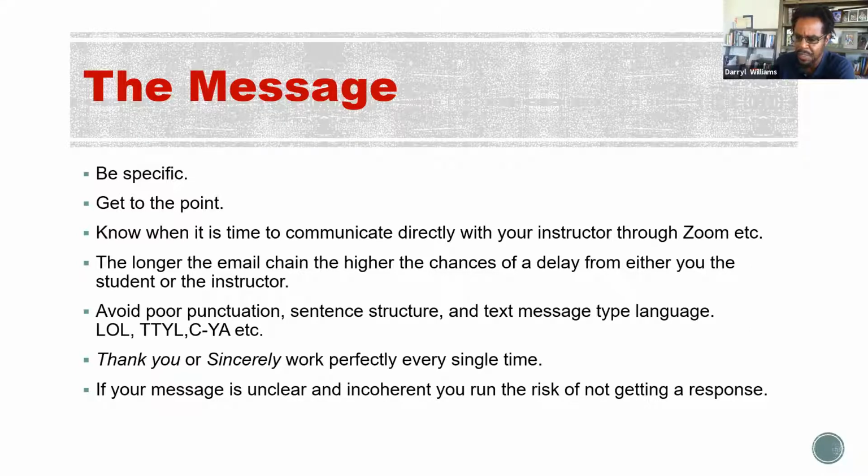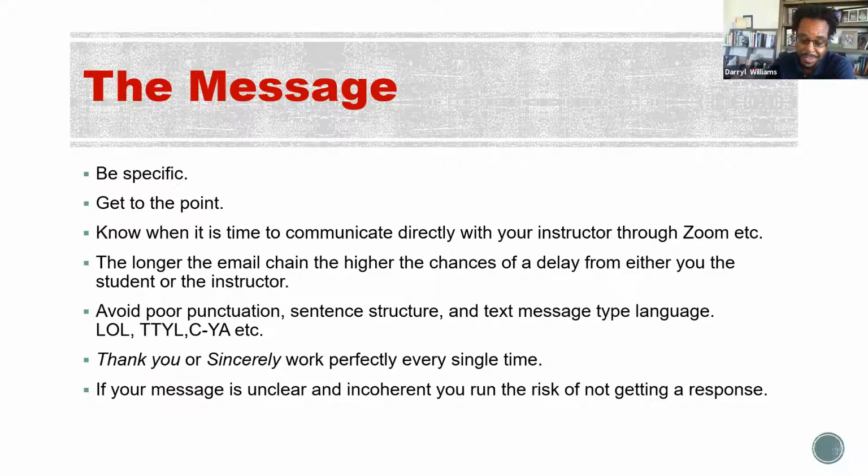And then if your message is unclear or incoherent, again, you run the risk of not getting a response. So, we get a lot of emails. And if there's an email that's really unclear, I've gotten emails that are 4 words long, and I don't know what the student's trying to say. I'll circle back to that.